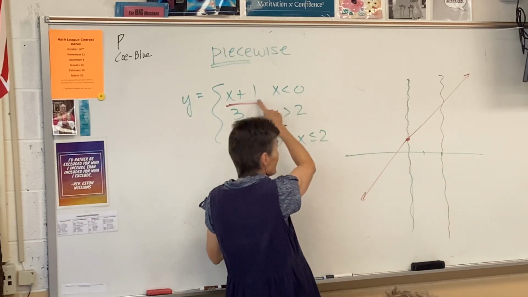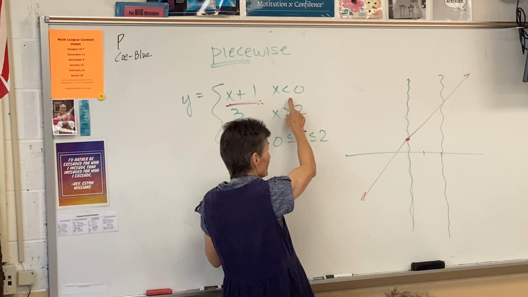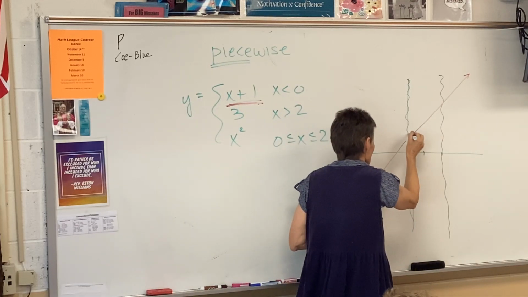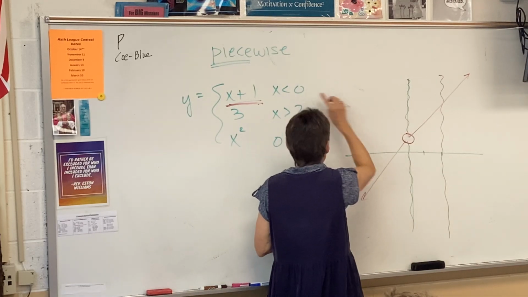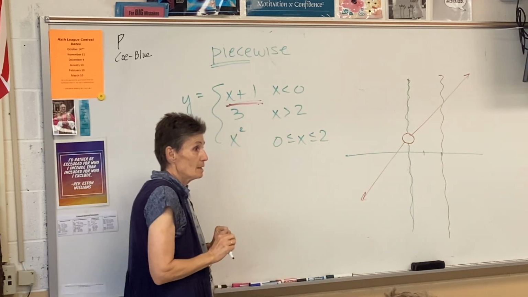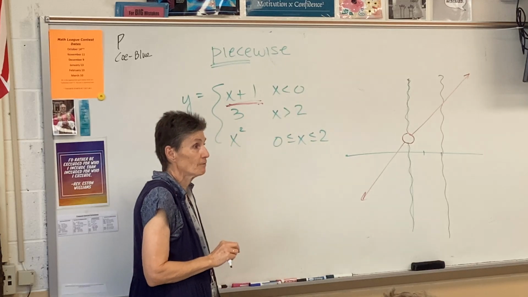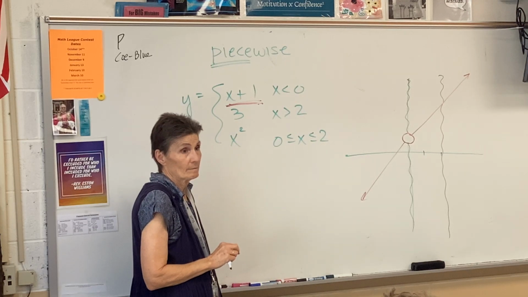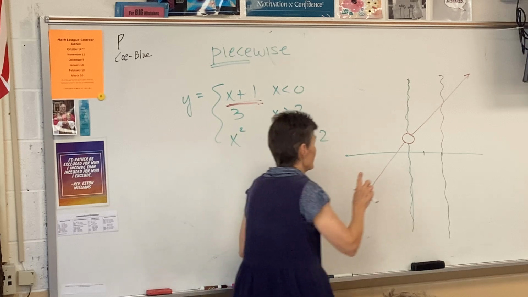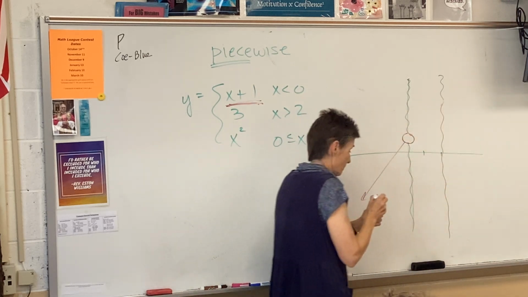You see that? Look right here, it tells you. I only care about that one right there. So that he hits right here. That will be an open dot. And then I'm going to keep which way? I'm going to keep left or right? I'm going to keep left, which means this is going to get erased.